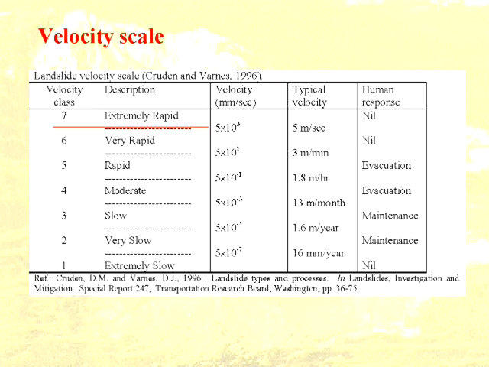Finally, in the extremely slow category, we have some slow creep-like movements, for example, like those at Lugnes slope here in the Alps, where villages and houses can exist without being disturbed in any significant way.